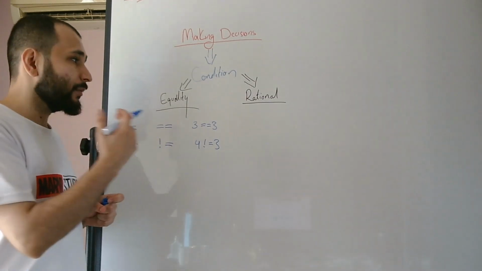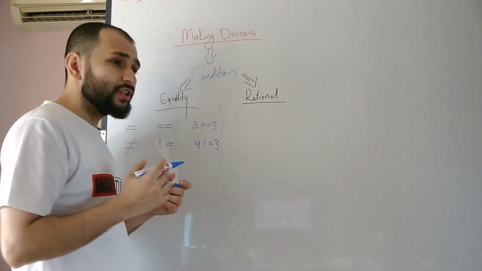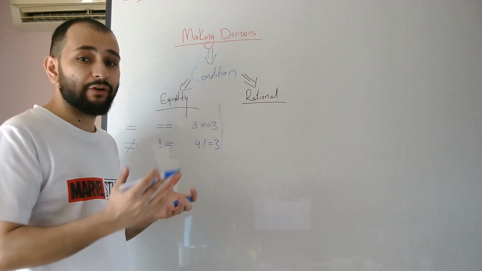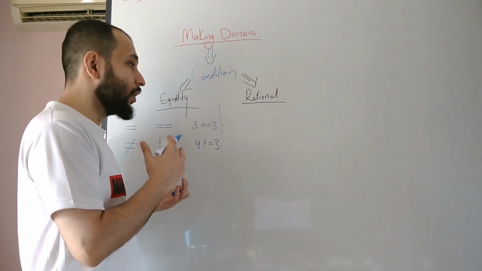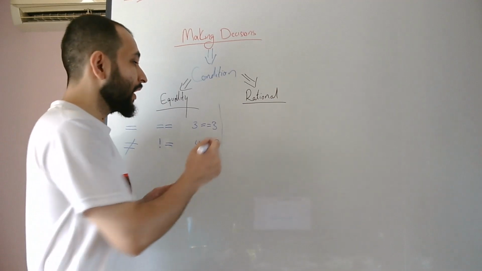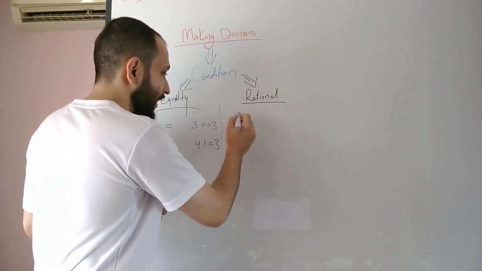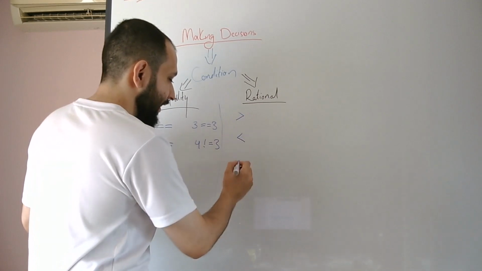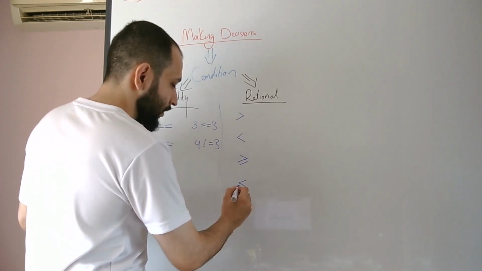Now let's talk about relational operators. In relational operators, we have operators such as greater than, less than, greater than or equal to, and less than or equal to. In mathematics, we have these signs, greater than, less than, greater than or equal to, less than or equal to, right?